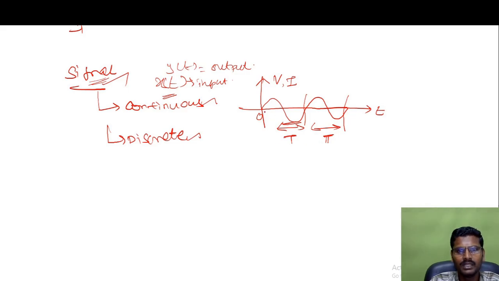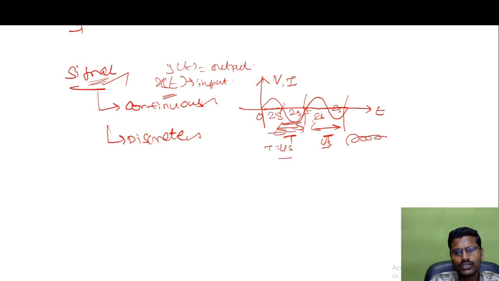Let us assume that it is one complete clock cycle. The positive half will take 2 seconds to complete the positive cycle, and the negative half will take 2 seconds to complete the negative cycle. So totally it takes 4 seconds to complete one complete cycle. Similarly, the next pattern of this signal will have 2 seconds for positive and 2 seconds for negative, again 4 seconds.